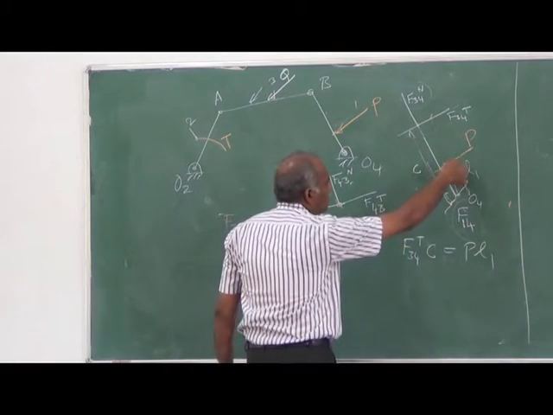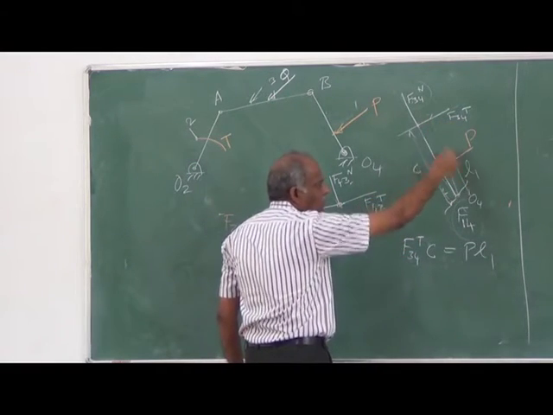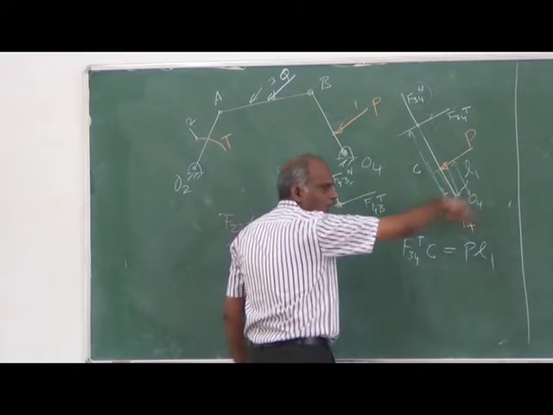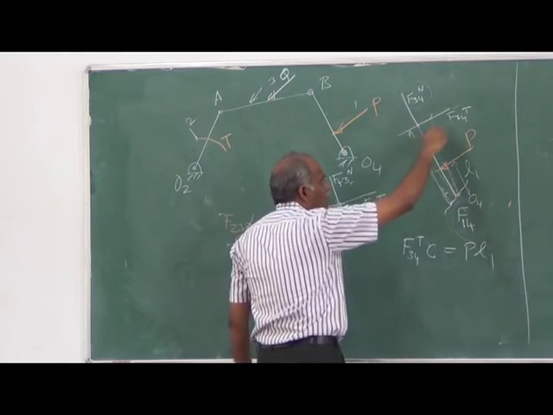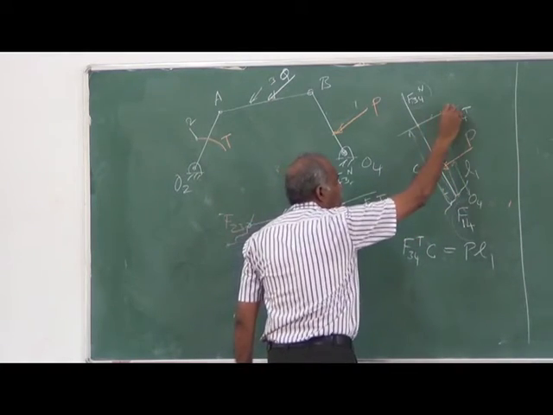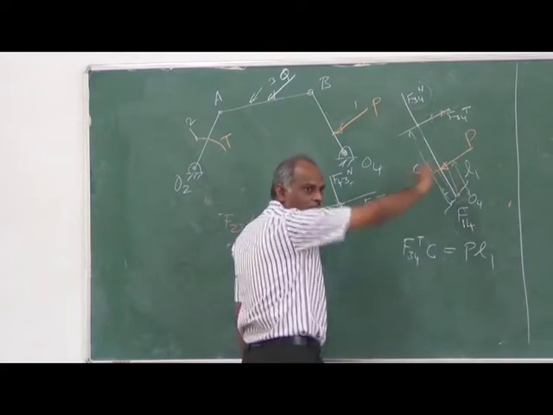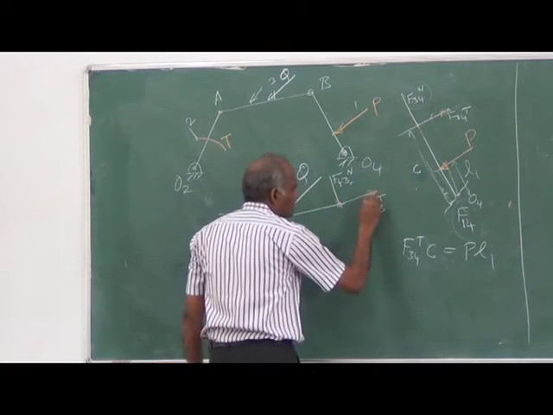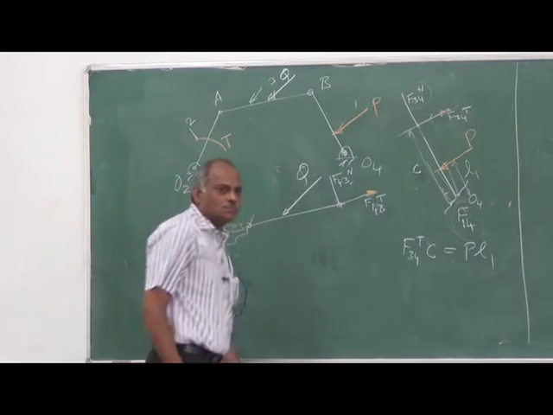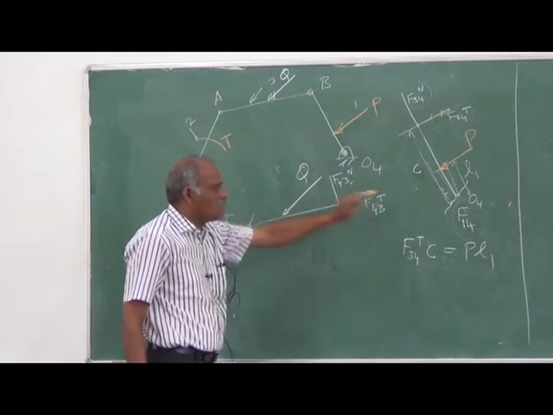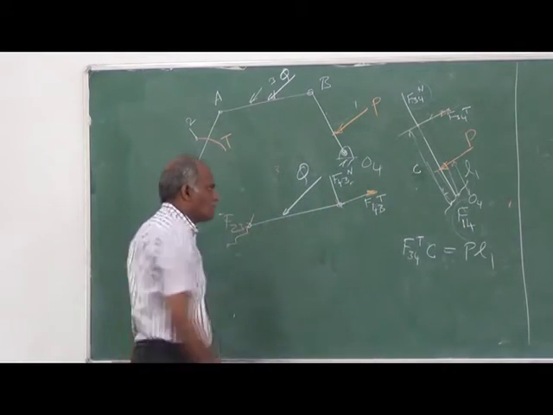Here you know the direction and magnitude of F34. Since it produces an anticlockwise torque, this must be like this. So the magnitude and direction of the tangential component is known. Only the normal component is not known.